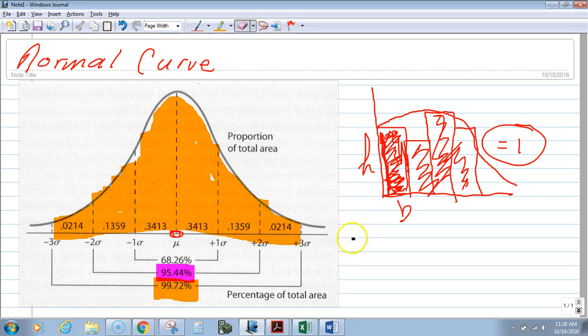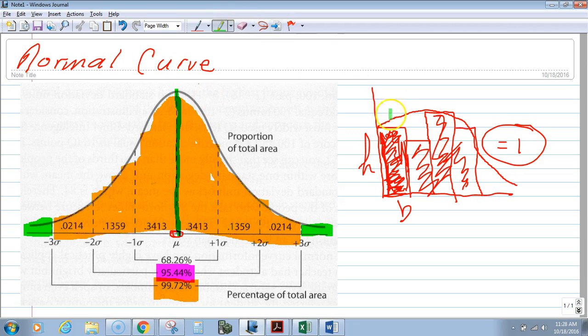It's going to be very rare to score this high if we're talking about a test. If this is the mean, our mean is the average score somebody scored, it is going to be very rare for somebody to score all the way up here, but it'll also be very rare for somebody to score this terribly on the test too, okay? The majority of the data is going to be in here, and more as you get towards the middle. Most of the people are going to be in the middle of a normal curve, right?